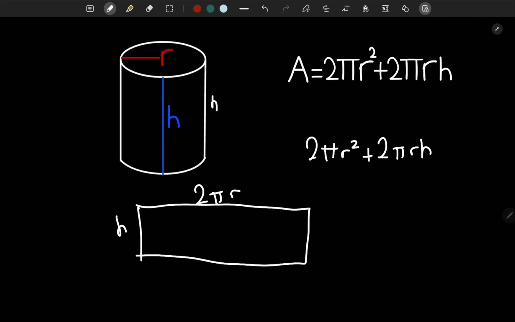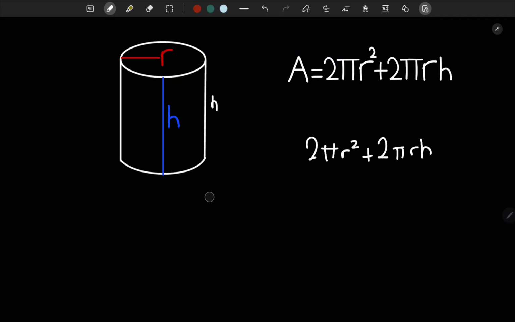So now let's do an example with numbers. Let's say our height is 3 and our radius is going to be, let's say, 2. So just plug into the formula.